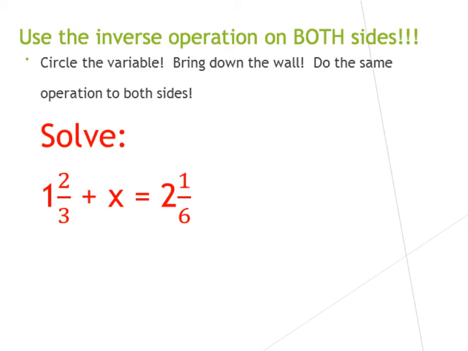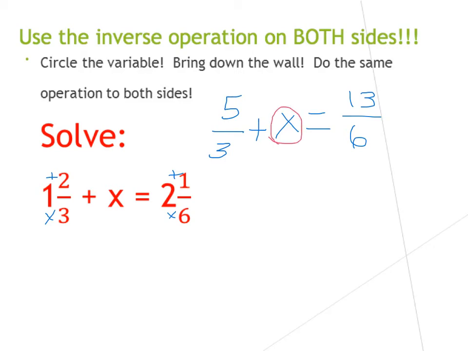So I'm going to say 3 times 1 plus 2 is going to give me 5/3 plus x, which equals 6 times 2 plus 1, 13/6. And then I can get started on my normal circle the variable. So I'm going to go ahead and circle the variable. And go ahead and bring down my wall with my equal sign.